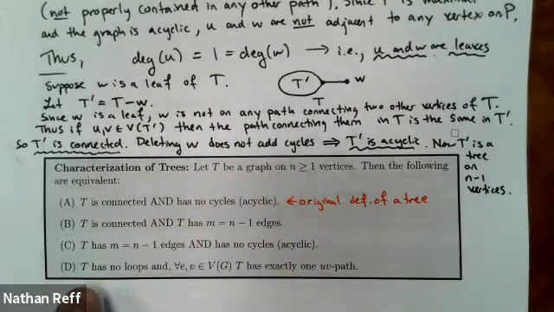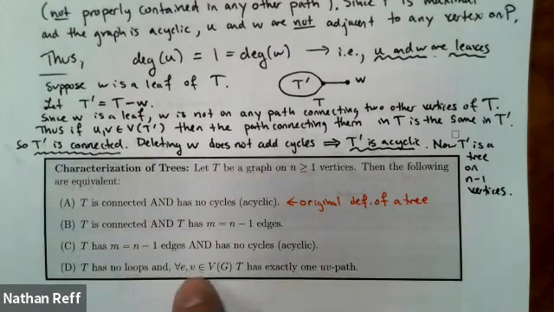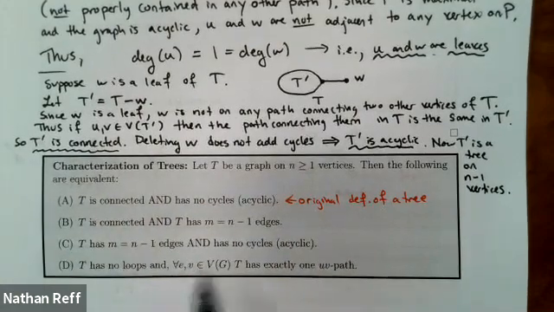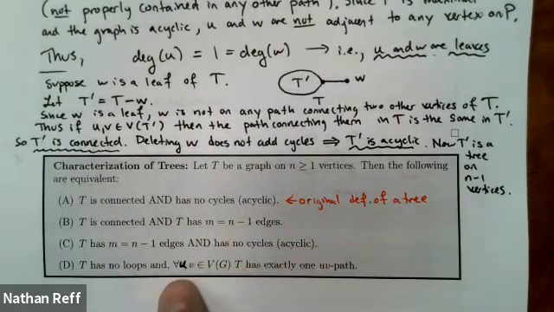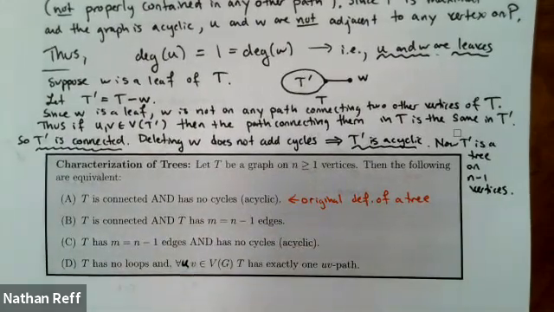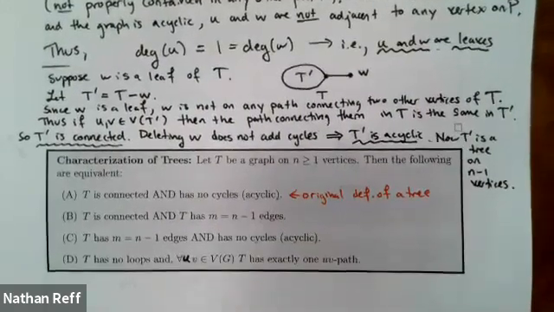And then finally, T has no loops, and for all pairs of vertices U and V, T has exactly one UV path.